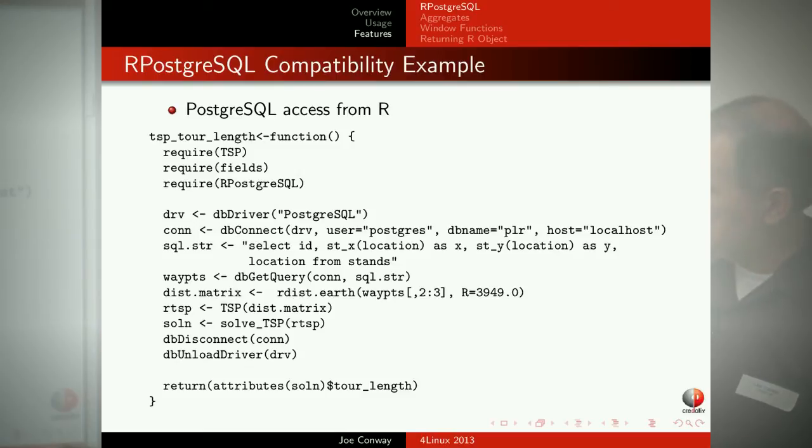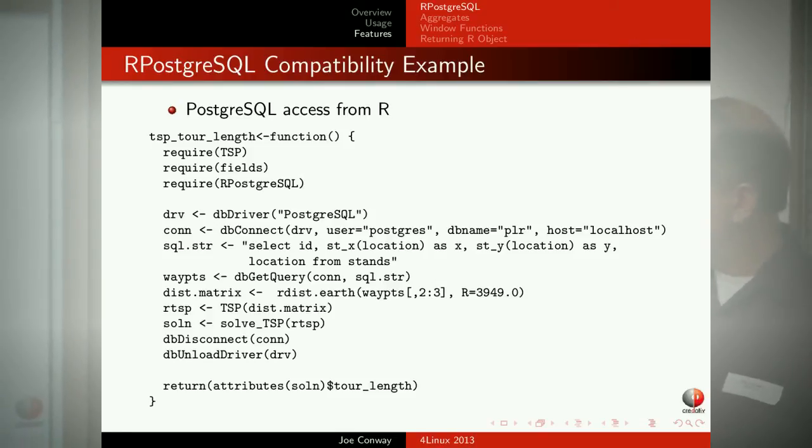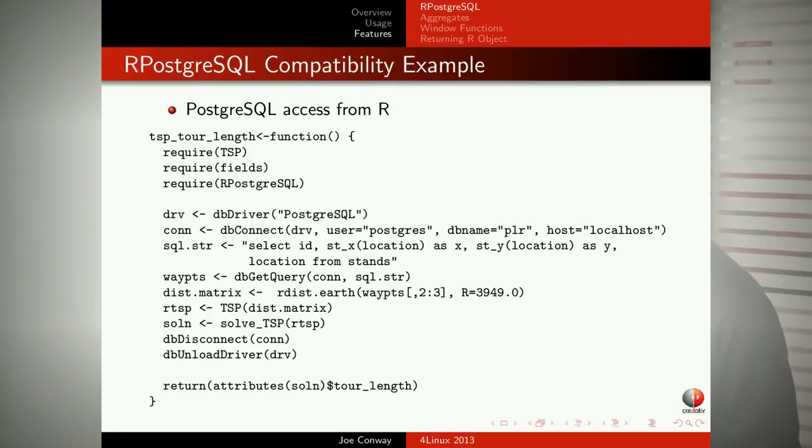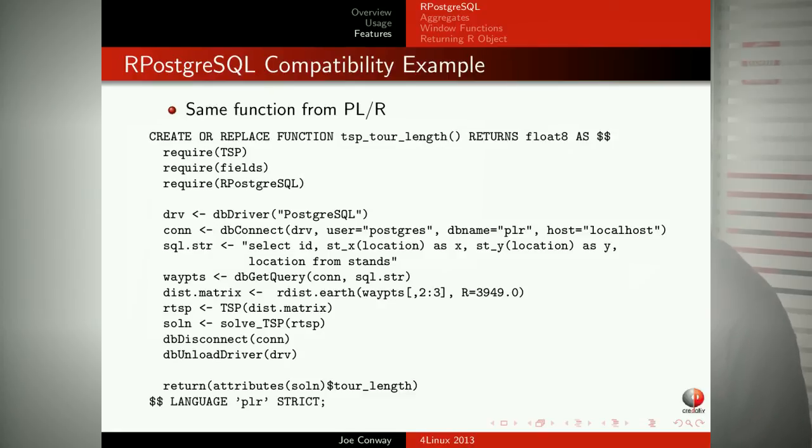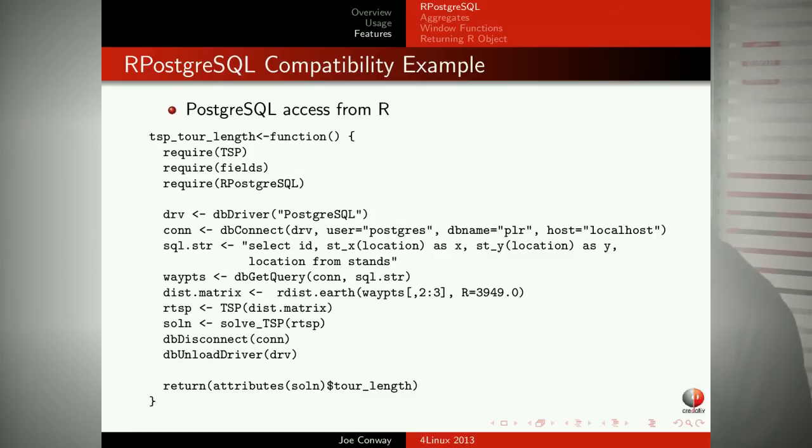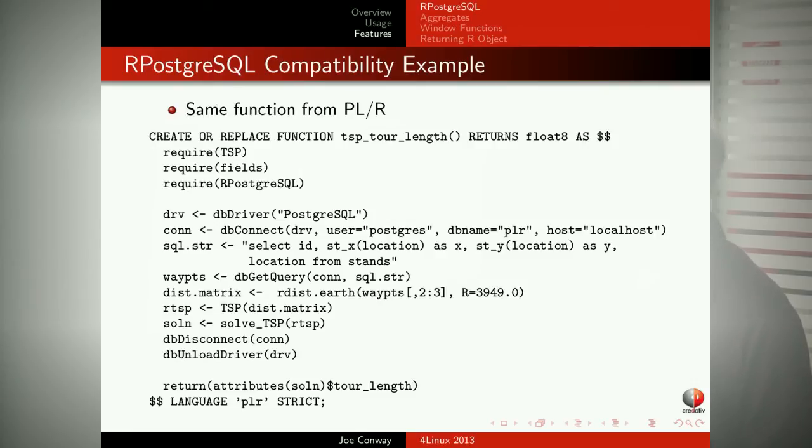So this is just a little more than a dozen lines of code that queries the database and solves the traveling salesman problem, which is very difficult, all done in R. Now if I take the next slide, you notice the only thing that changes is the decoration, this part. Because of this compatibility with R PostgreSQL, you can just cut and paste.